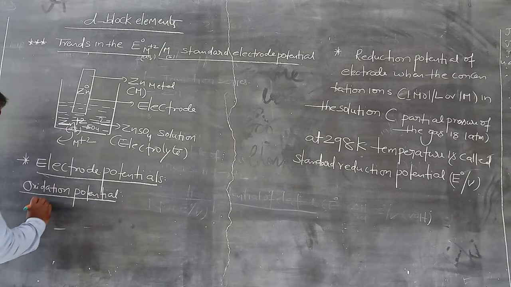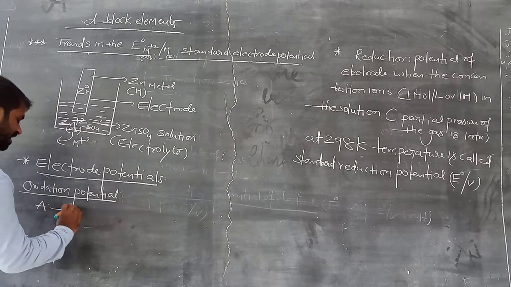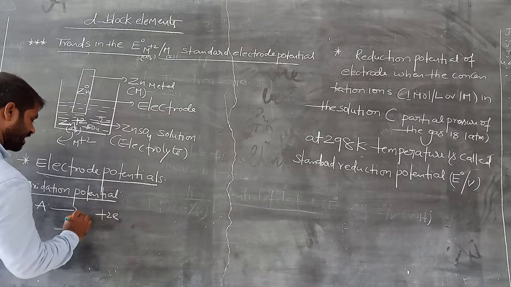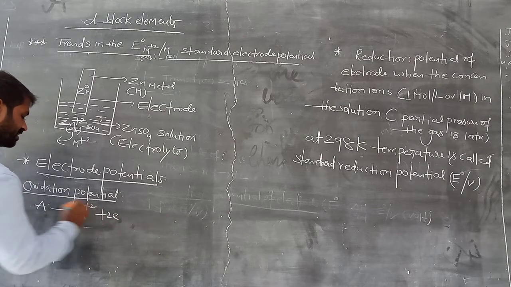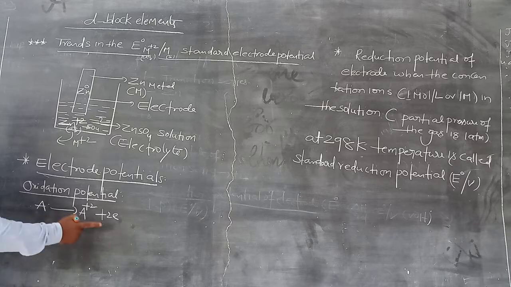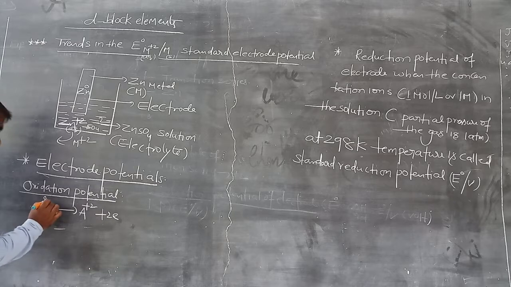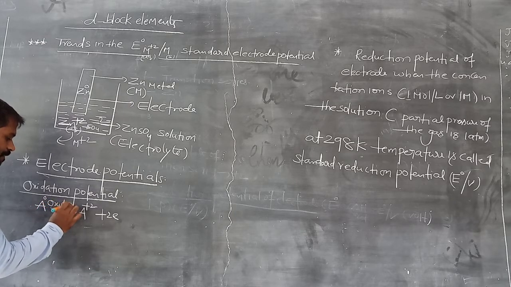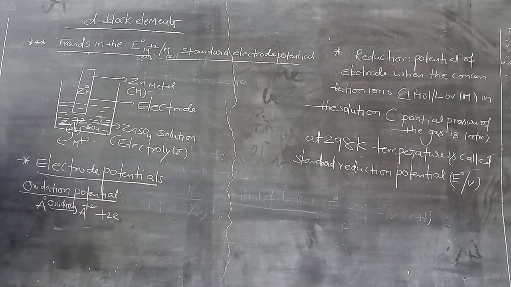Loss of electron. This is A. Suppose this A loses 2 electrons, then it becomes A plus 2. What is the oxidation state here? 0 to plus 2 means it loses 2 electrons. Loss of electron is called oxidation. Remember this.